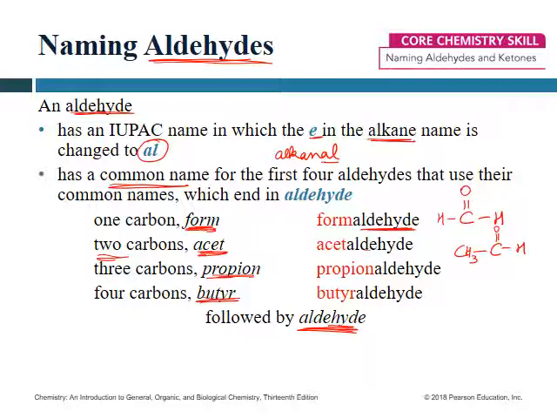If we were to draw this 3 carbon aldehyde, how would you draw this? 1, 2, 3. 3 carbons. One of these carbons has to be an aldehyde group, which is double bond O, single bond H. And if you recognize, this carbon will always be a terminal carbon. It has to always be a corner carbon. Why?